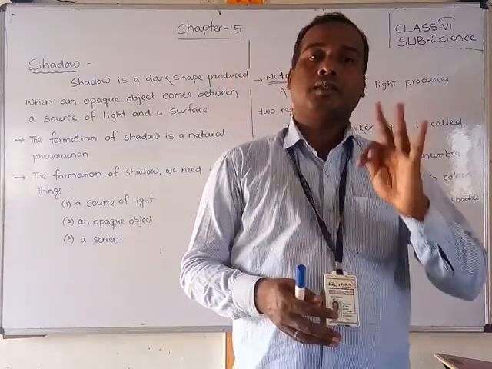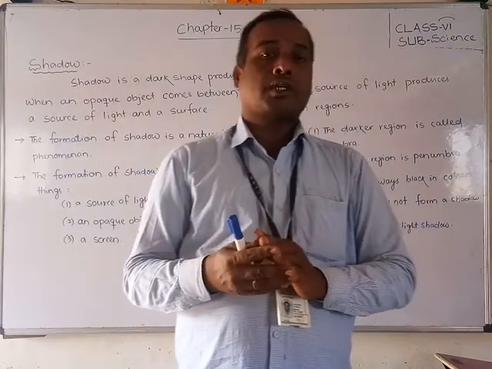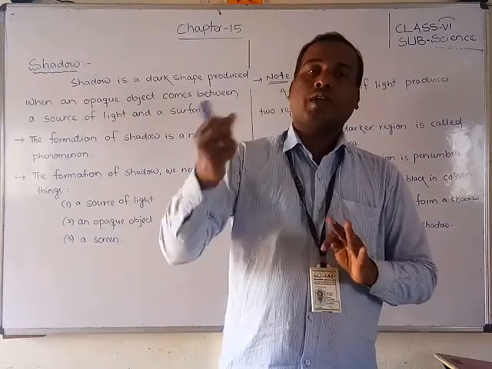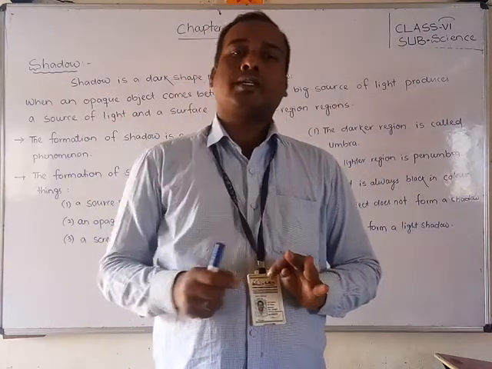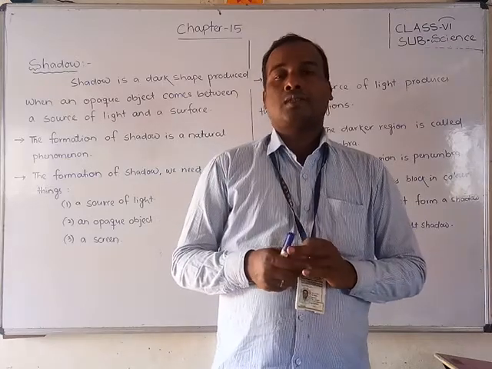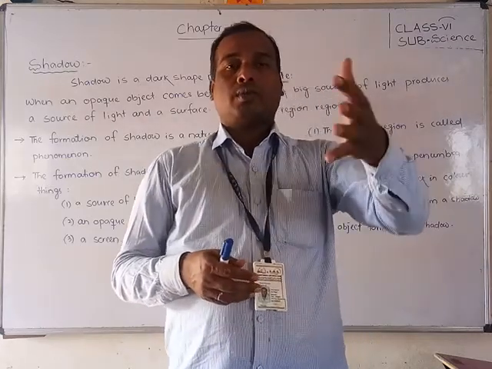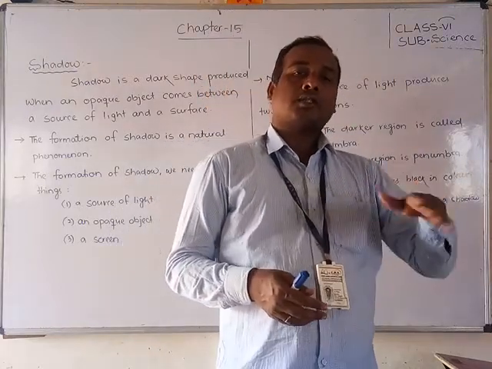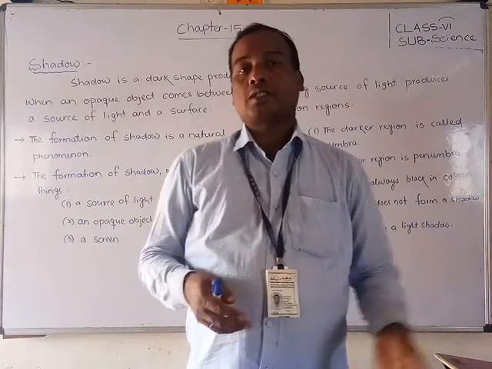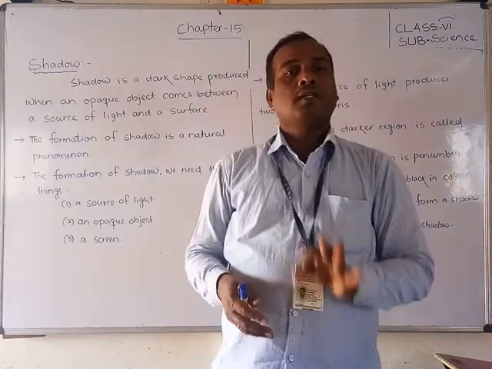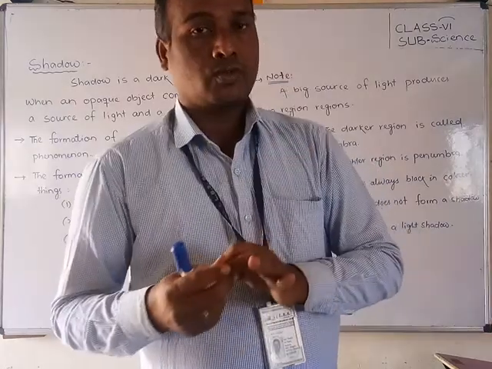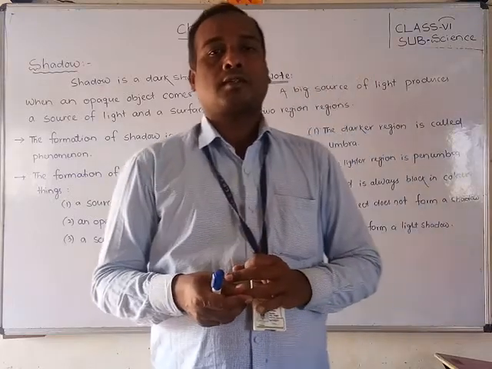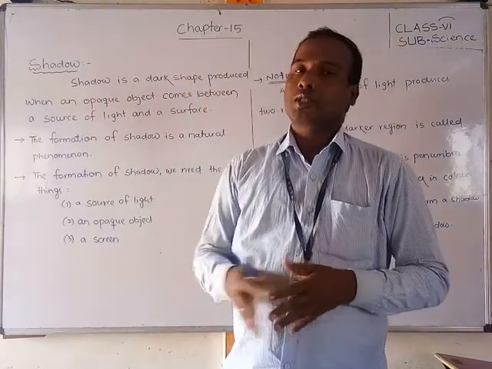And the third is a screen, where the shadow will form. So mainly three things are needed: a source of light, an opaque object, and a screen. Remember this, my dear.